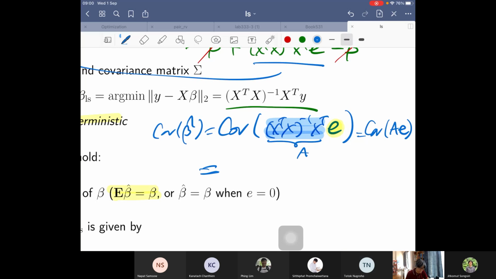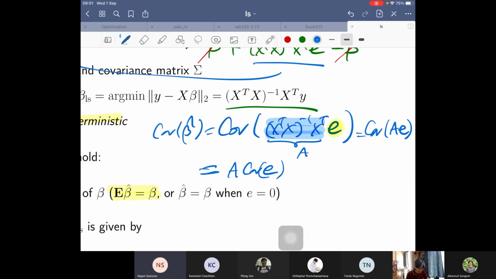A multiplied by covariance of e? A square?